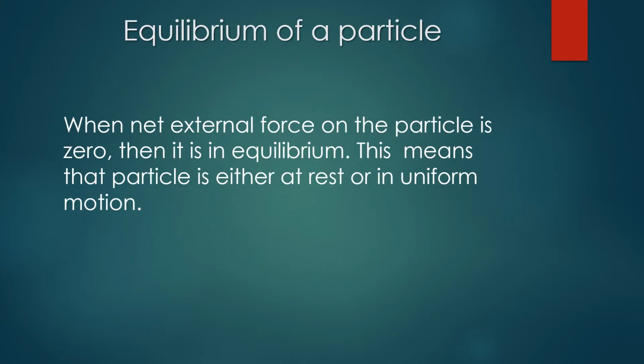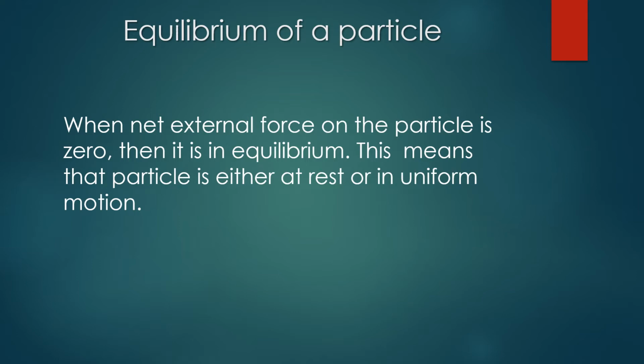Let's understand equilibrium of a particle. If two forces F1 and F2 act on a particle, equilibrium requires F1 is equal to minus F2. That is, the two forces on a particle must be equal and opposite.